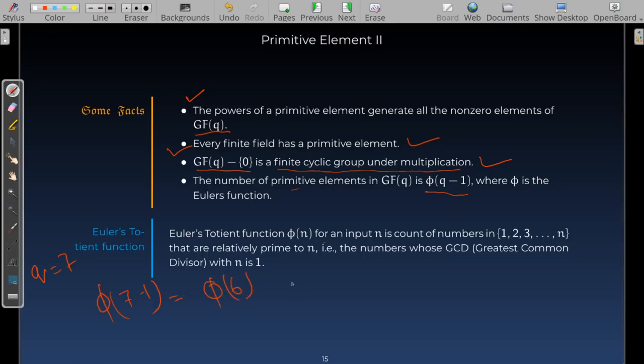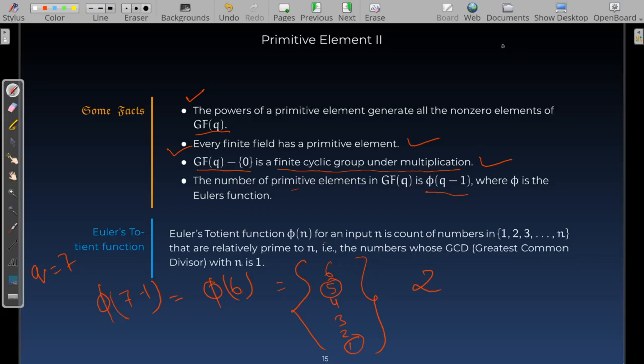We write down 6, 5, 4, 3, 2, 1. With respect to 6, 5 is relatively prime, 4 is not, 3 is not, 2 is not, and 1 is relatively prime. So 5 and 1 are the relatively prime numbers with respect to 6, and phi of 6 is equal to 2.